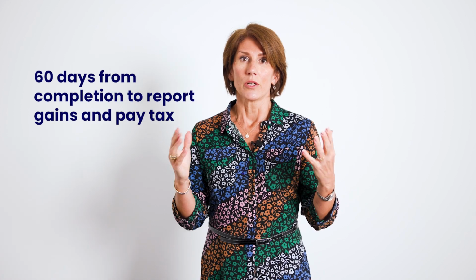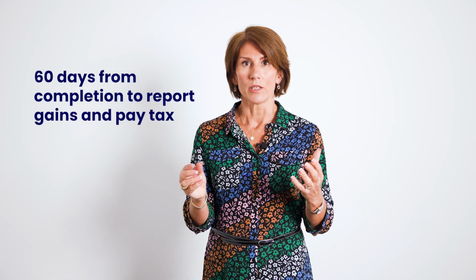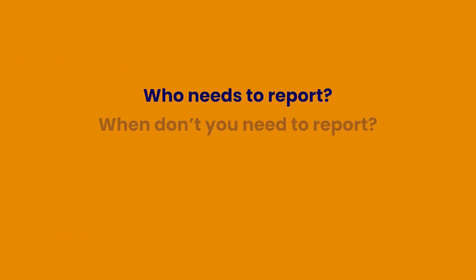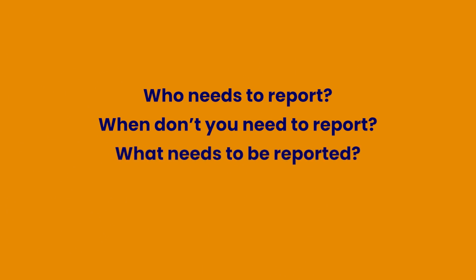days. So I thought it might be useful to just take a few minutes to explore who needs to report, in what circumstances you don't need to report, what needs to report it, and how you go about that, and how you go about paying the actual liability should there be any due. Then in following videos, we're going to look very briefly at how you calculate the CGT, that's the capital gains tax, on the sale of a UK property.